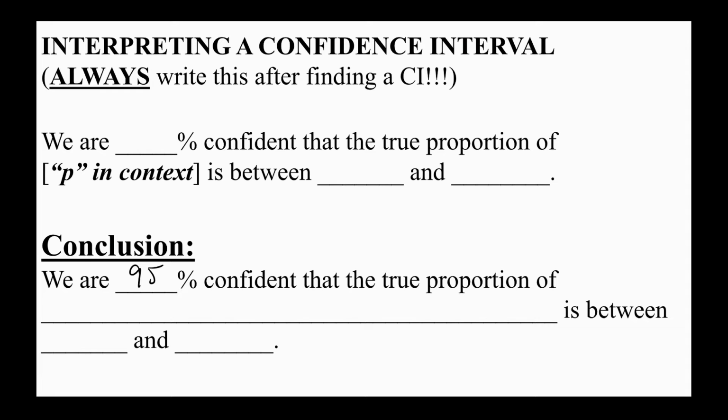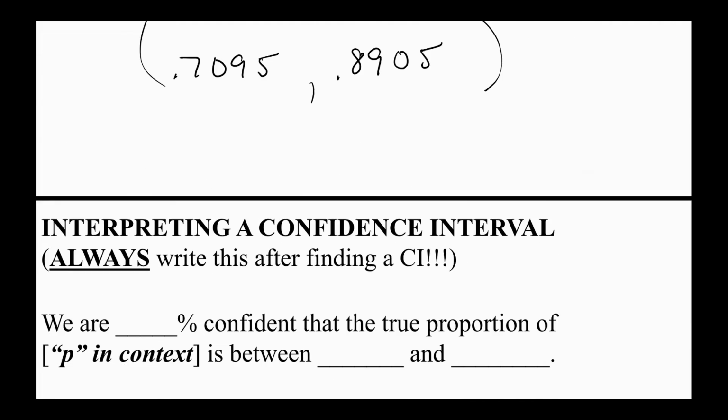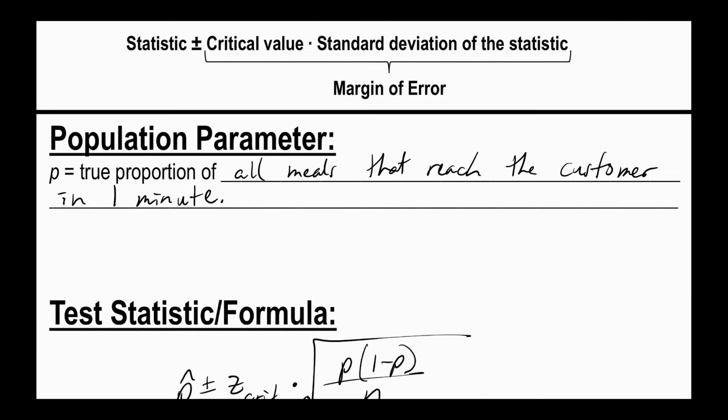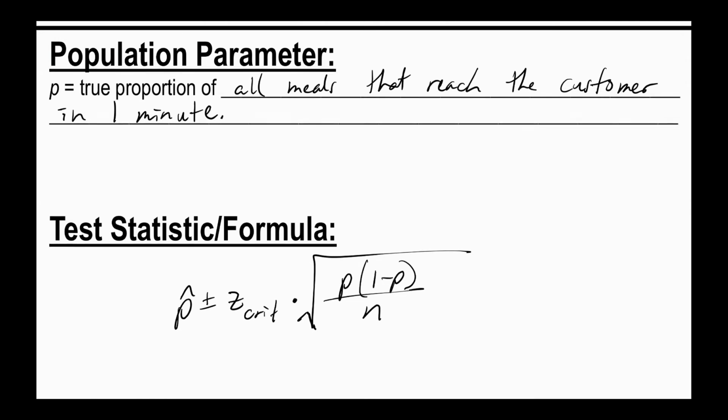The population parameter, yeah. That's the reason we do that first, because it's just copy and paste. We did that earlier. That's the first thing we did. Right there, it's literally copy and paste: true proportion of all meals that reach the customer in 1 minute.